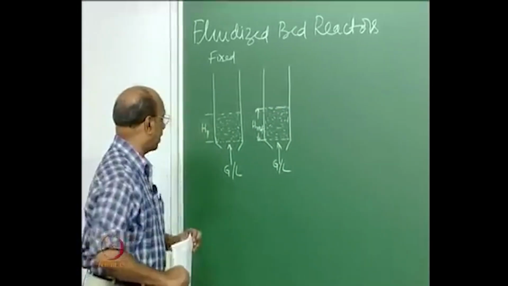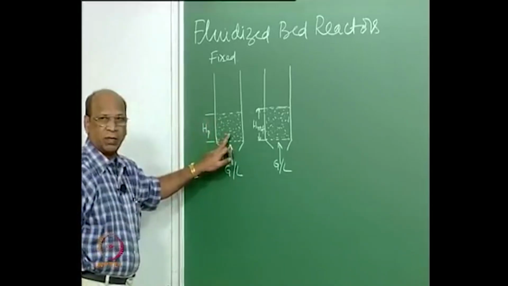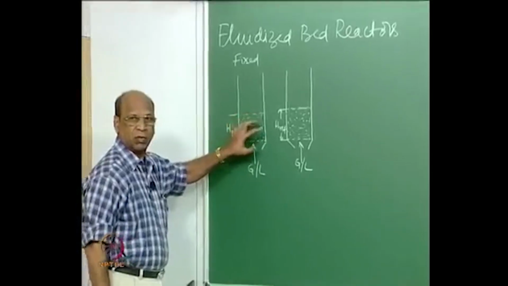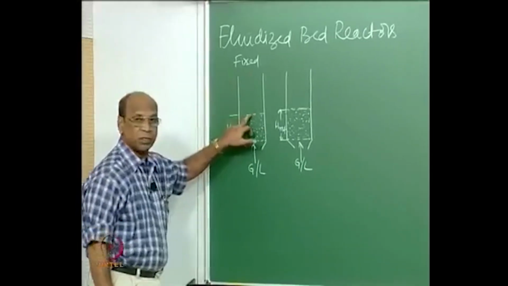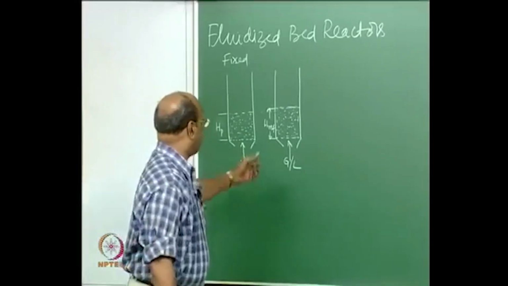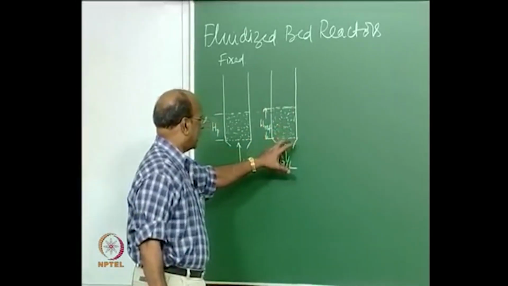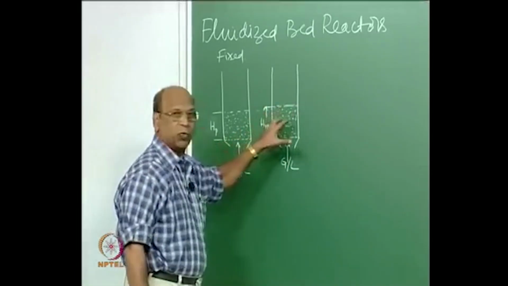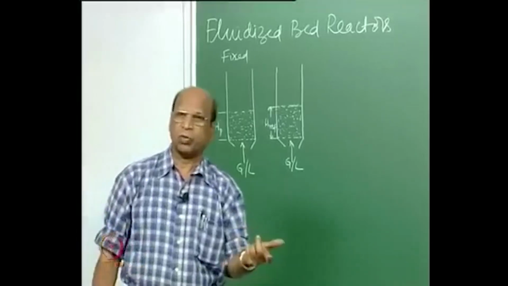Just for a comparison, if you do the same thing here, when the bed has not yet fluidized, that means it is still in packed condition, what will happen? It will simply stay at the top. So, that means the density difference has come, and not only that, in fact, if you have the cork also, cork will just simply float exactly like it is in water.